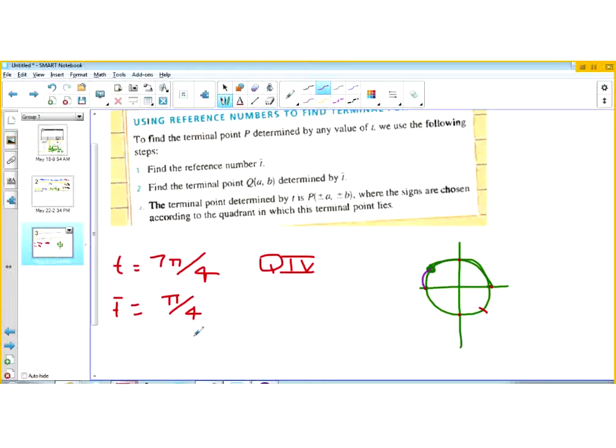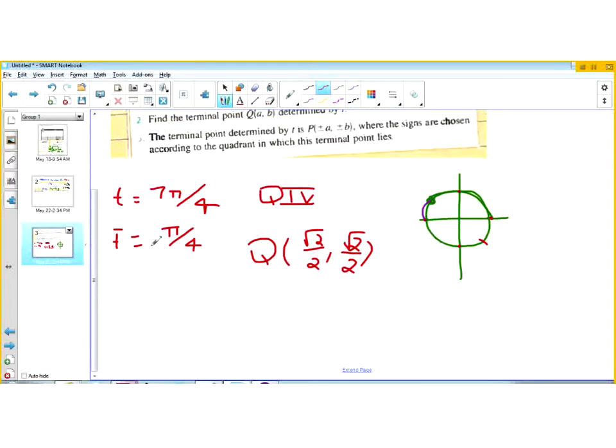All right, so now my q would be the square root of 2 over 2, and these would be the coordinates of my q. So the abscissa is the square root of 2 over 2, the ordinate is the square root of 2 over 2.